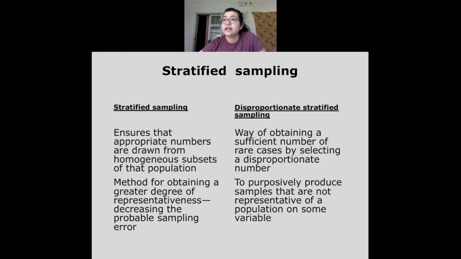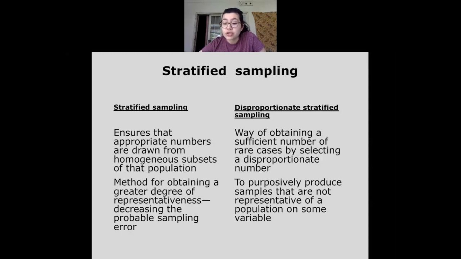So if we're concerned about indigenous populations, Native Americans within the US, and how they show up in the criminal justice system, and we do a random sample, we might not get Native Americans just because of the smaller population size that they have.